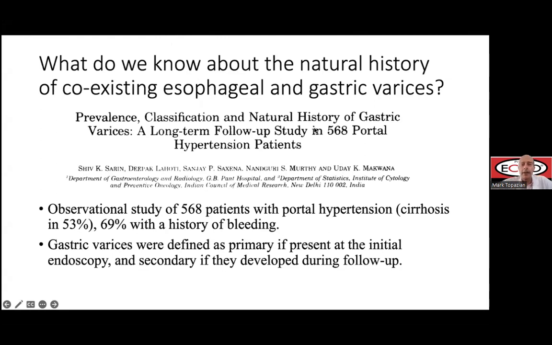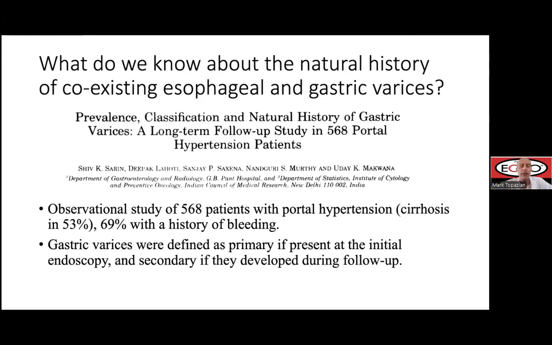So what do we know about the natural history of coexisting esophageal and gastric varices? Well, this is the most important paper, published by Dr. Sarin in 1992. How often do you cite a paper from 1992? Not very often. But this remains the landmark study in this topic. It was done in New Delhi, India, in what at that time was very much a limited resource setting.